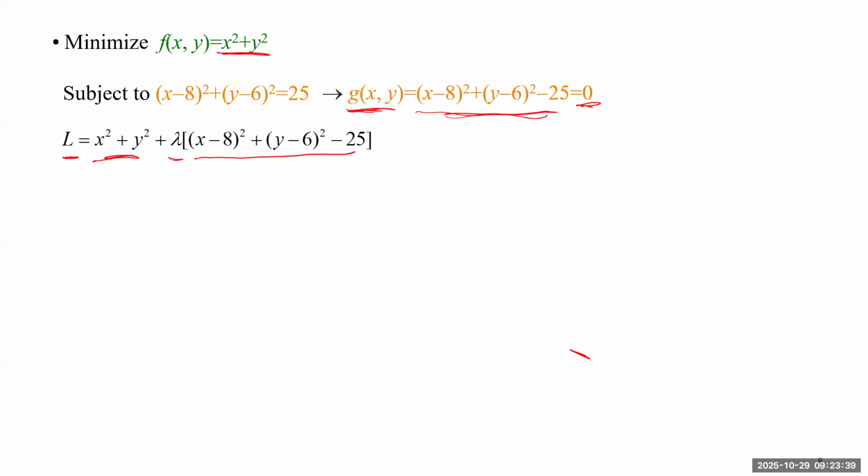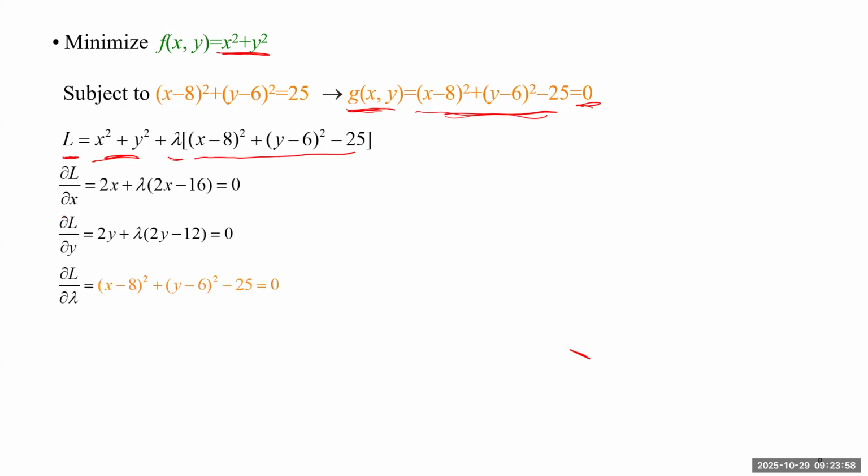So this is L. Next, we calculate the gradient vector for L, considering the change in all directions. Right now we have three directions to change: the x direction, the y direction, and the lambda direction. So you have to calculate the three elements of the gradient vector. Partial L by partial x will be this one, and partial L by partial y, and partial L by partial lambda will simply be this one, right?